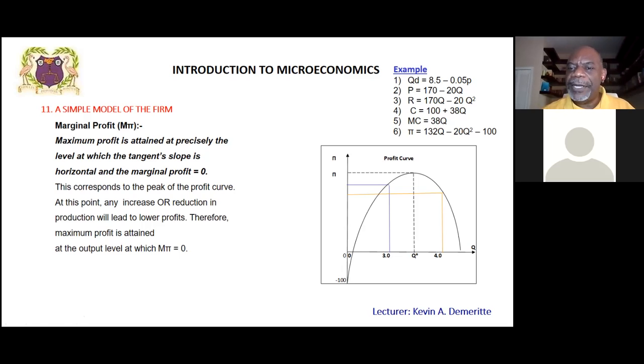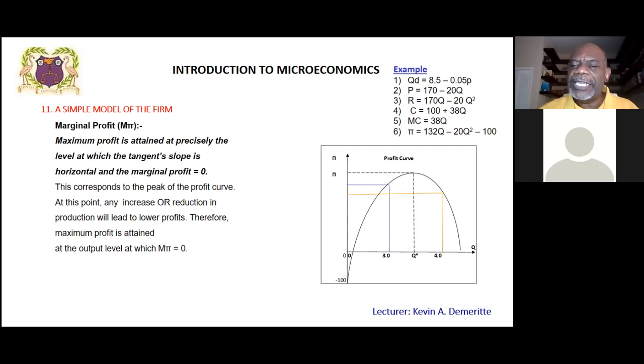But at some point, called Q star, our profit is increasing as much as it can increase. When we start trying to produce more than Q star, our total profit may go up, but the amount of profit we're getting from each item that we're selling is going down.